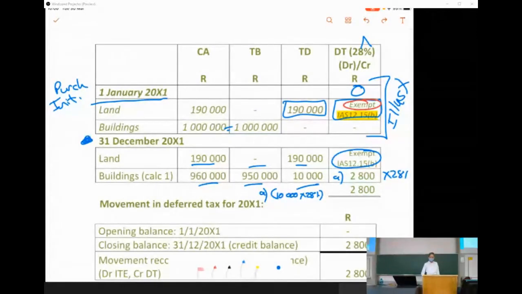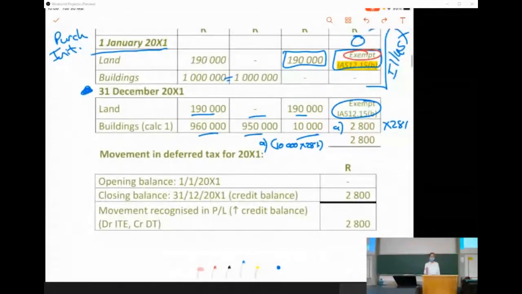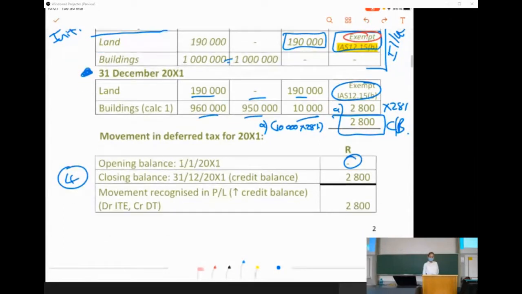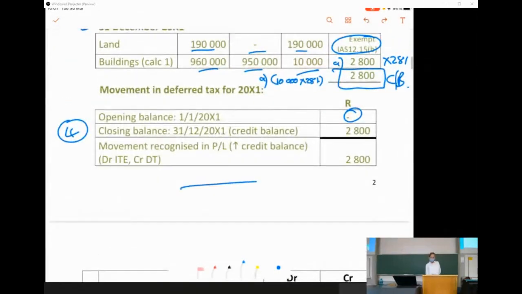Okay, so obviously, now we have to do a journal. That will be our fourth journal that we have to do for the movement in deferred tax. We've now calculated what our closing balance is. Our opening balance was 0. So in our deferred tax calc, in the SFP, we have an opening balance of 0.